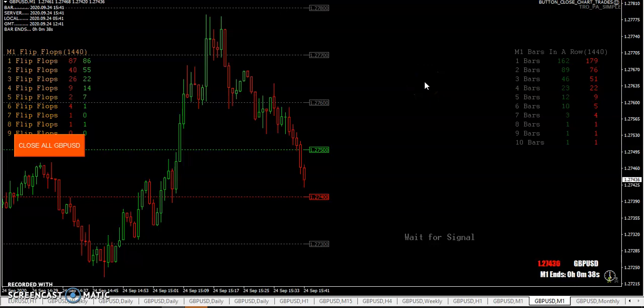The probability that this candle closes red or green does not exist. There are no probabilities in trading. It's all statistics. So what we could say is, according to statistics, we've got 4 red bars in a row, and it's very unlikely that we're going to get a 5th red bar in a row.